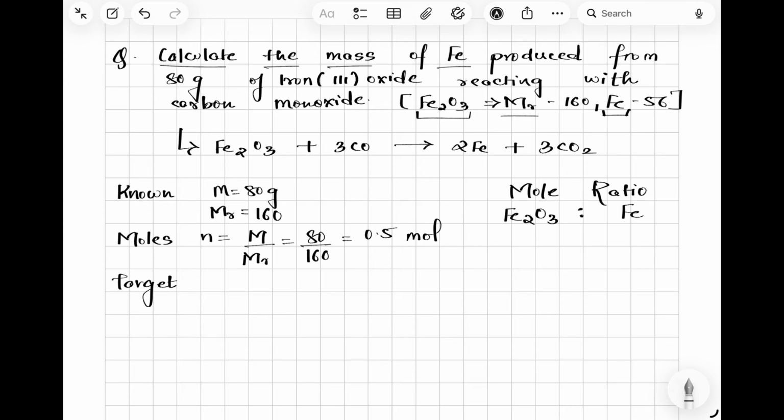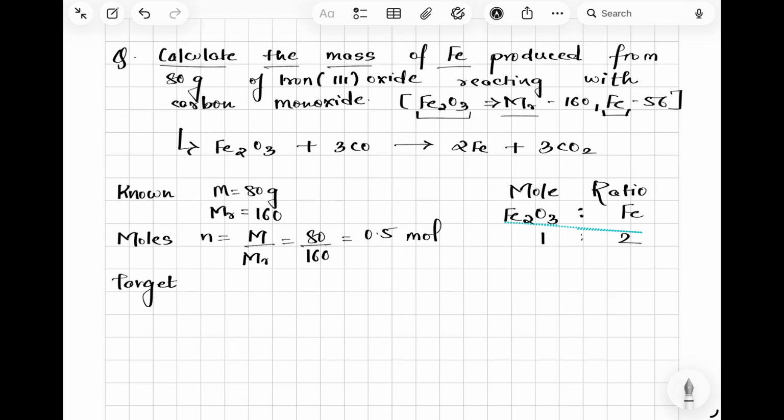With the help of mole ratio, I can find out the mole of Fe. Now this is where students make a lot of mistakes. The mole ratio which students do in their head is absolutely wrong. You have to actually note it down on the paper because this is what the examiner is looking for in your step-by-step method. The ratio for Fe2O3 to Fe is 1:2.